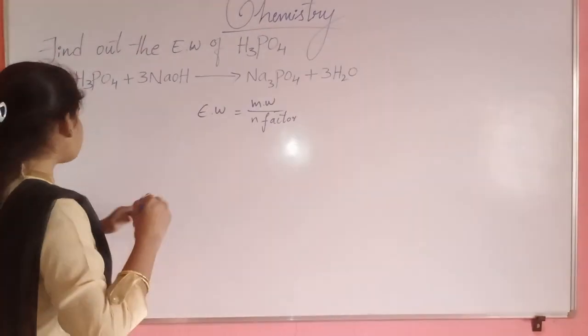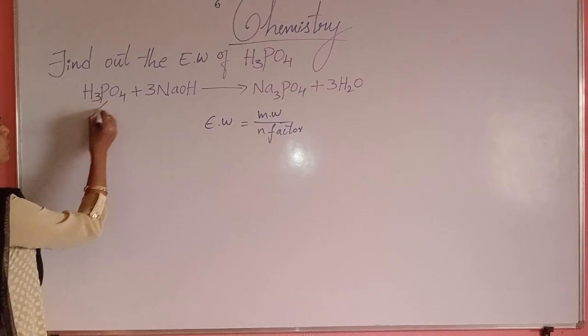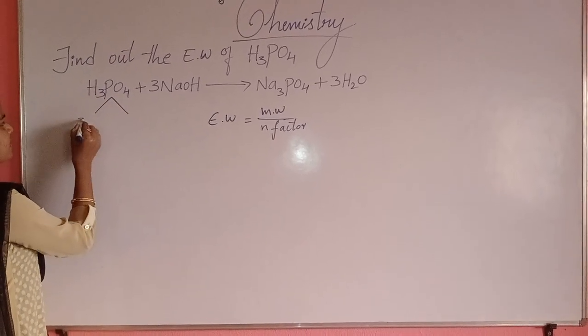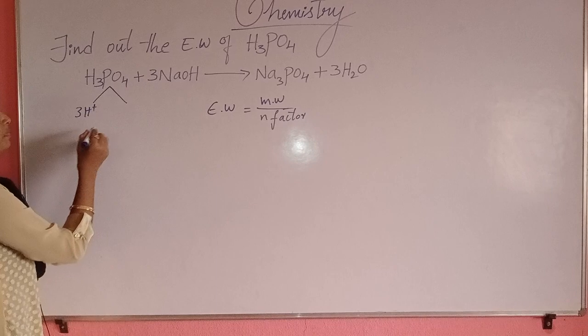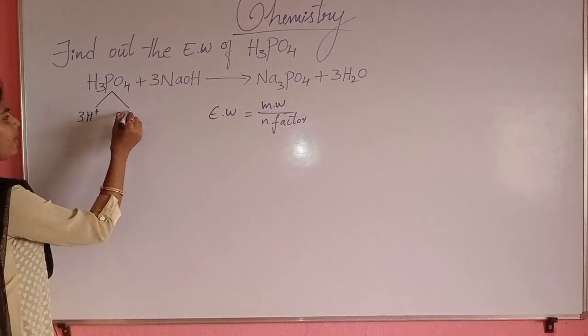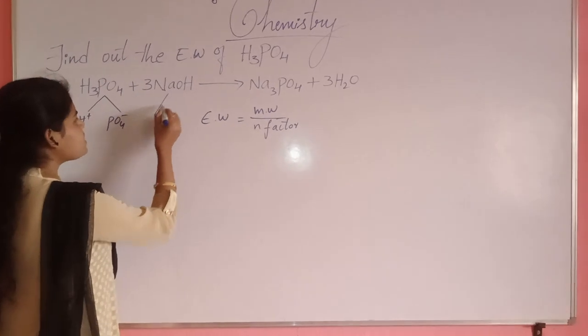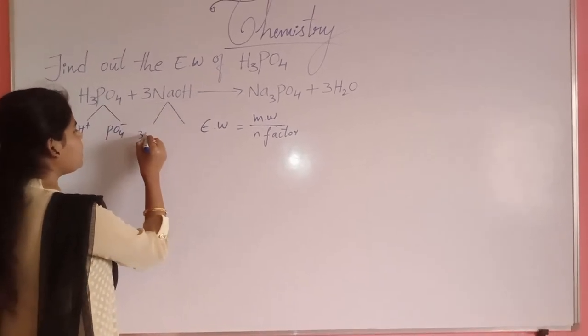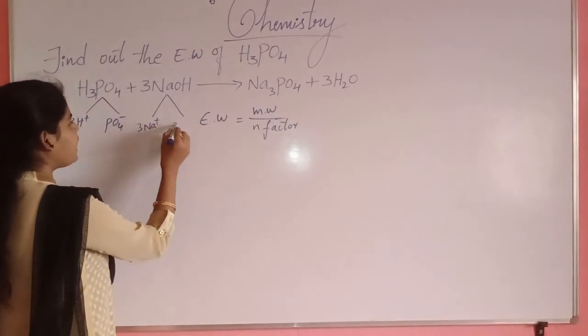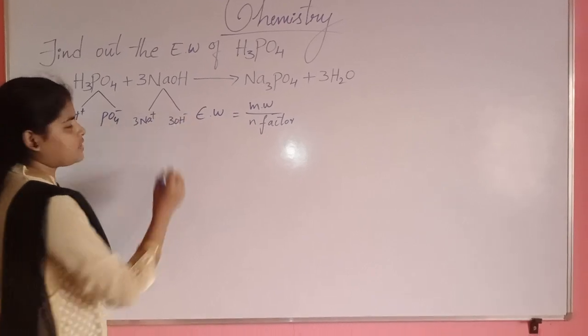Firstly, H3PO4 is dissociated into 3 H plus ions and PO4 minus ions. NaOH is dissociated into 3 Na plus and 3 OH minus ions.